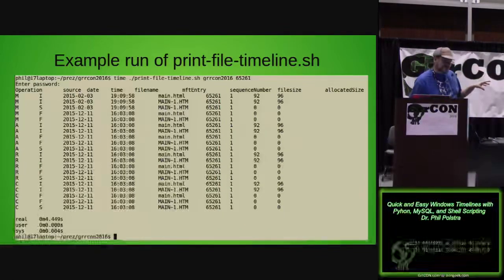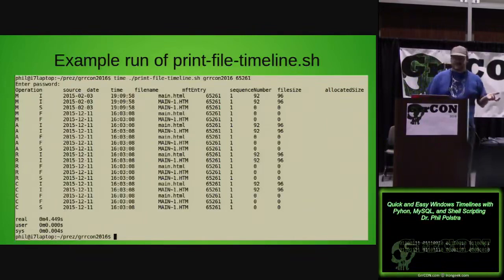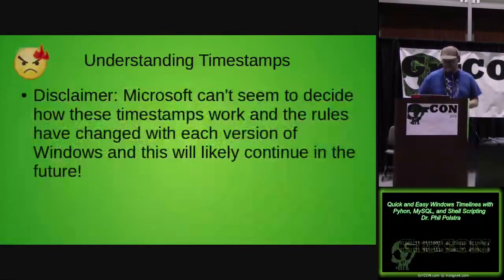Some of them are slightly different. So that brings you to the question, is this right or not, right? So since all these dates aren't the same, you might think that there's a problem. So the next thing I want to talk about a little bit is trying to understand these timestamps. So first, a disclaimer. Microsoft can't seem to decide what to do with timestamps.